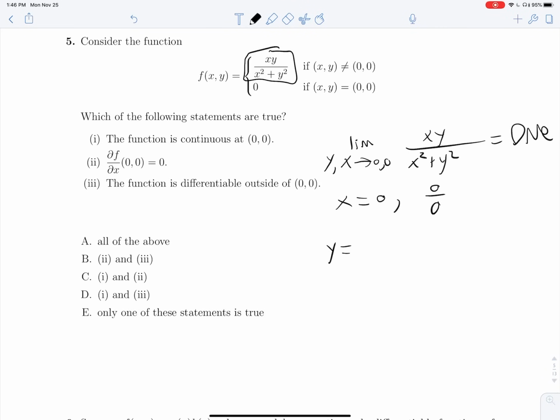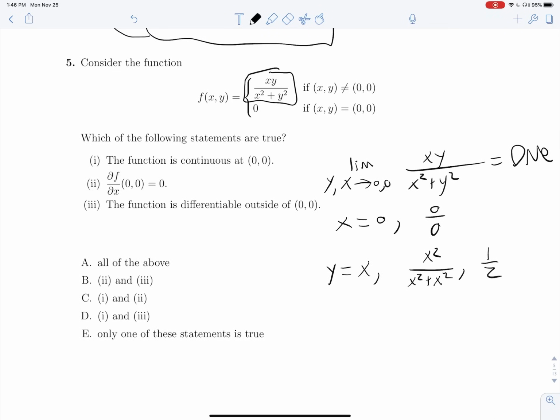But if we approach on the line y equals x, setting every y we see equal to an x, we will get x squared over x squared plus x squared, which will simplify down to 1/2. And by the two-path test, since we found two different limits on two different paths, we know that this limit does not exist.